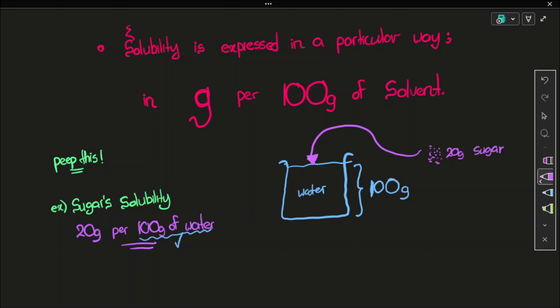Why will the 20 grams dissolve? Simply because that's the solubility of sugar. 20 grams can dissolve in 100 grams of water. Okay, so then what's the catch?